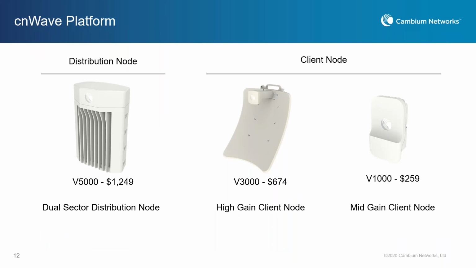If you remember, for V3000 there's two pieces. One is an antenna piece, one is a radio piece. So there's two part numbers. The radio piece is $599. The antenna piece is $75. So a V3000 radio complete is $674, and the V1000 is $259.